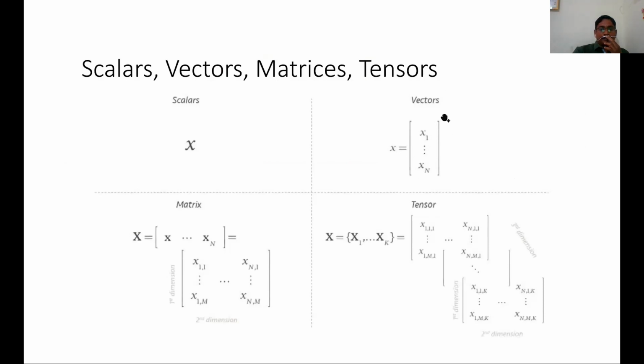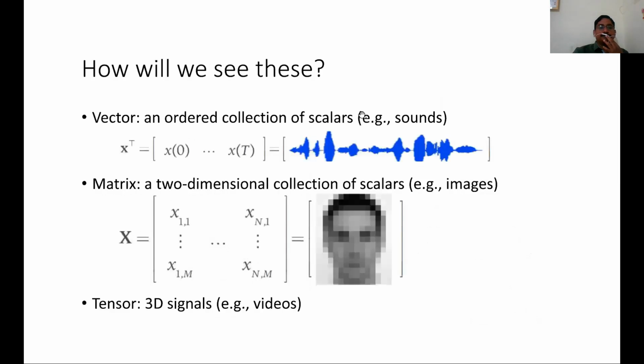Then a matrix has a first dimension and a second dimension, rows and columns. And these are the tensors: first, second, and this is the third dimension of tensors. We'll see what scalar, vectors, matrix, and tensors mean in MATLAB applications.